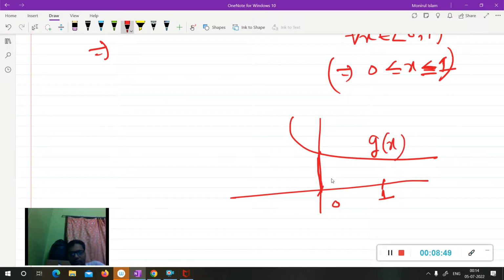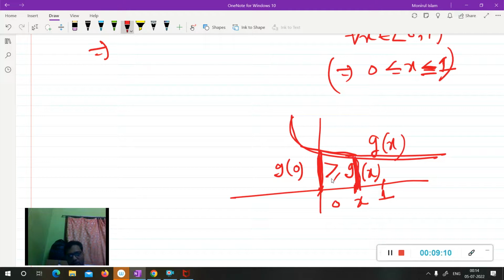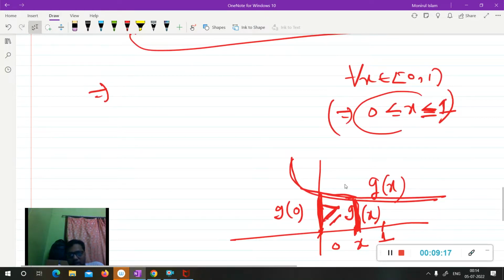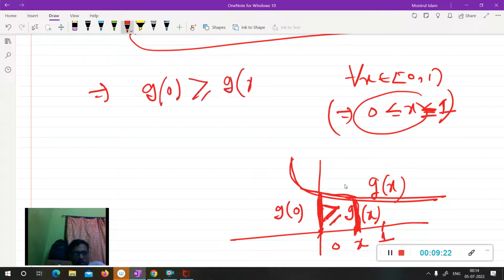Since g is decreasing, the value of g at 0 must be greater than or equal to the value of g at x. For a decreasing function this will be true. So since x is greater than or equal to 0 and g is monotonically decreasing, you will have g(0) greater than or equal to g(x).